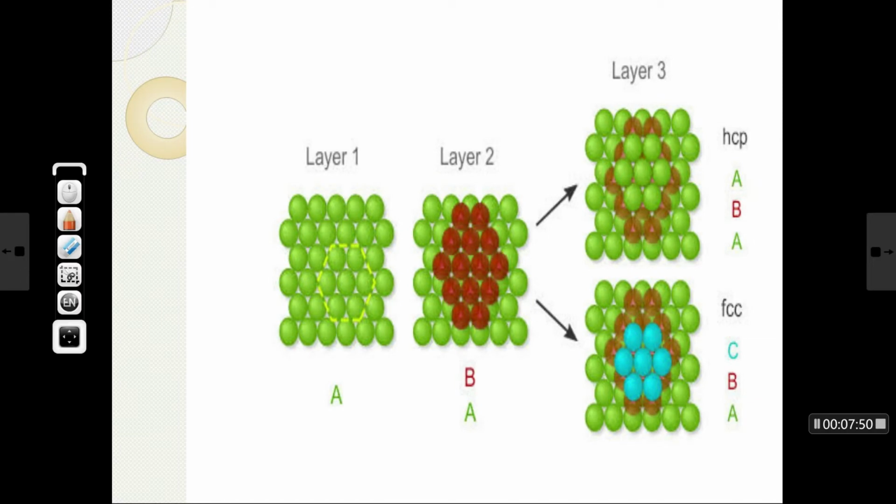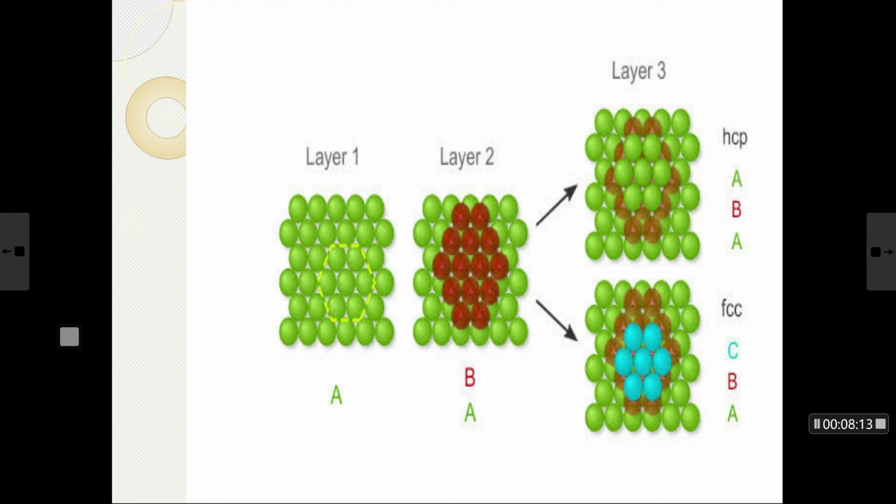This diagrammatic representation will clear your doubts. The first layer is represented in a hexagonal manner. That means layer 1 is A, and the second layer is placed above the depressions of the first layer. That means the red colored spheres are placed above.